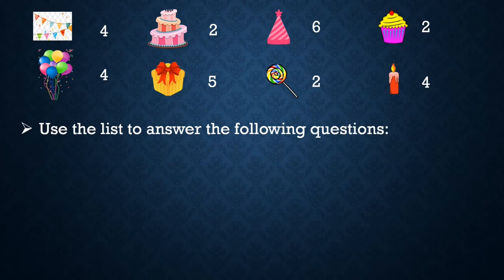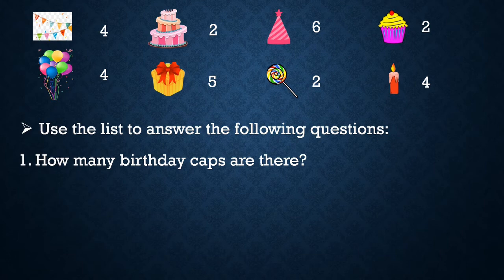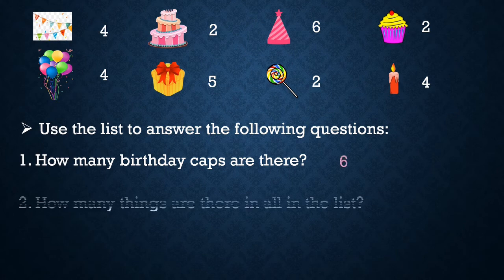Use the list to answer the following questions. First question is, how many birthday caps are there? So now when we see the list, we get a clear idea about the number of birthday caps here. So it is 6.